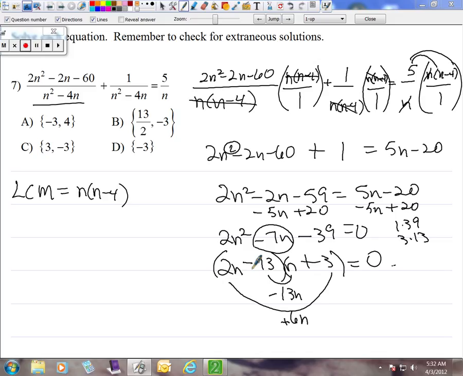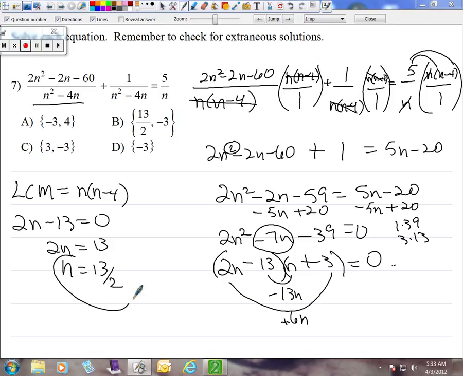some of you probably can look up and see the answers now already, since you're pretty quick with solving these in your head. But we set them equal to 0, and then we divide by 2. And if we tested that in the denominators, we'd find that it does not make the denominator 0.